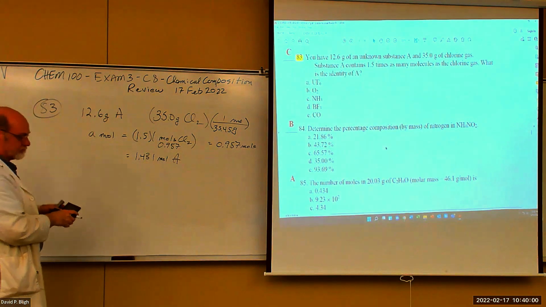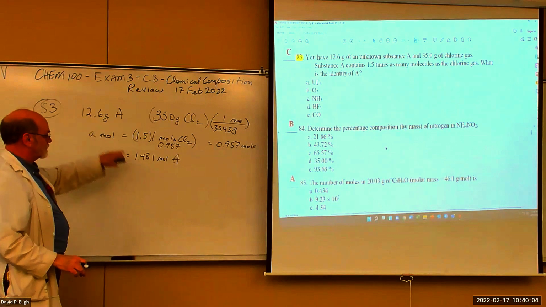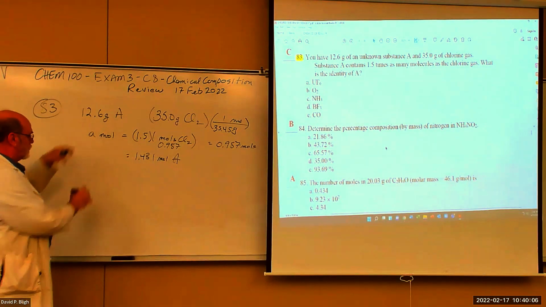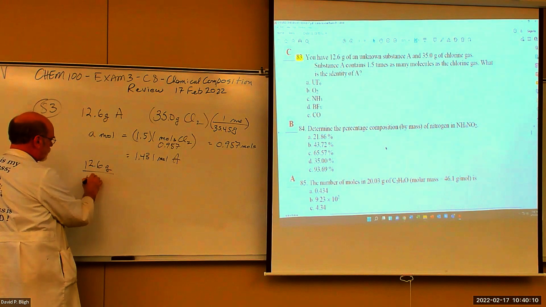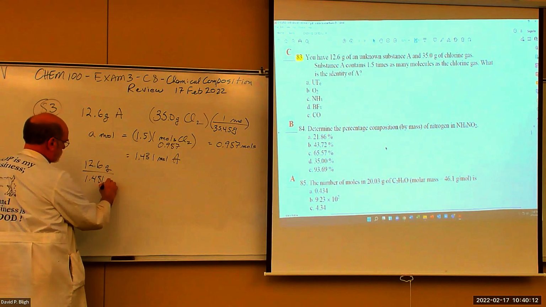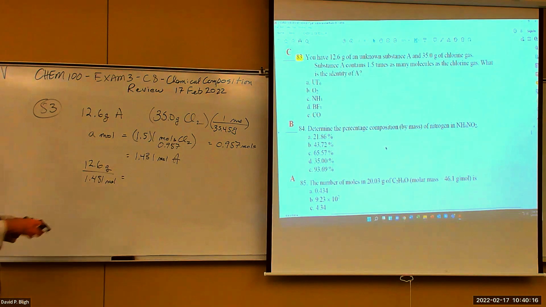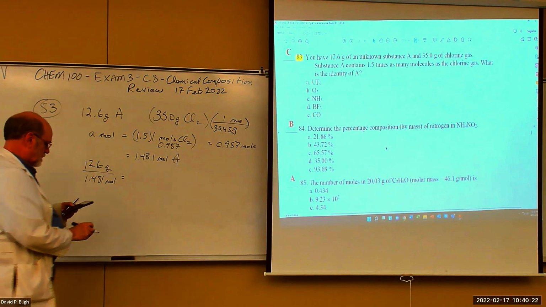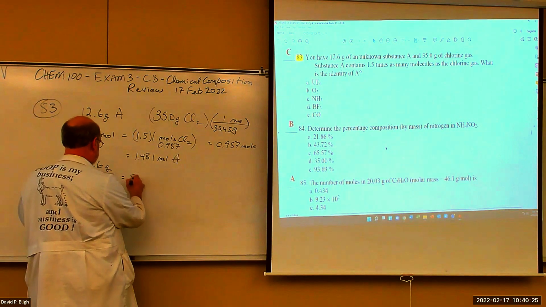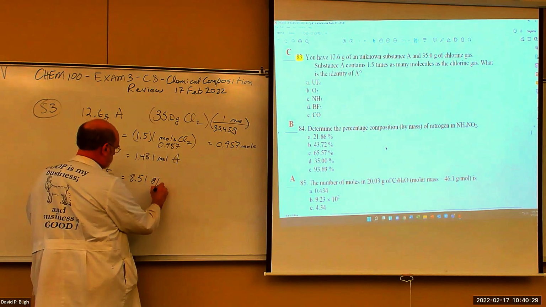So what's the molar mass of A? It's grams per mole. So we divide this one, grams, divided by the number of moles, and we can get the molar mass. 12.6 divided by that, 8.51 grams per mole.